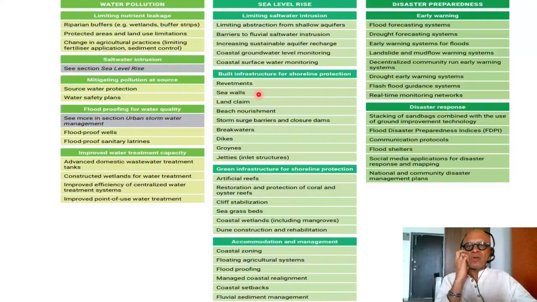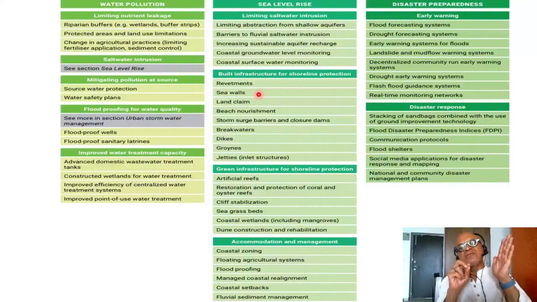And built infrastructure as adaptations to sea level rise again have to be responsive to changing sea level rise. But we have also talked about this before, saying that, let's say for a city like Mumbai, when you have sea level projections, there are obviously uncertainties in the projections, but how you plan built infrastructure for adaptation often doesn't depend on the uncertainties in the projection. It depends on the finances, the cost-benefit ratios.